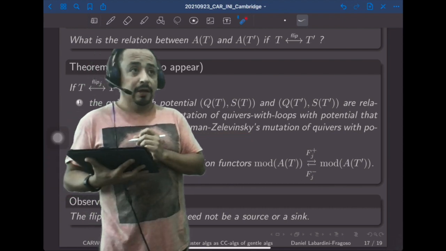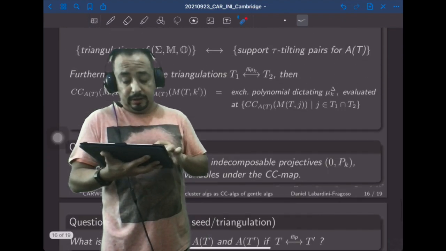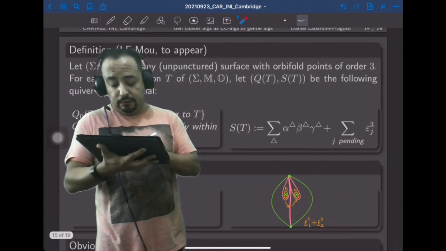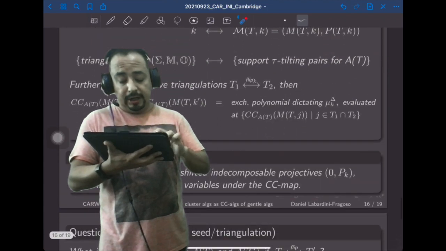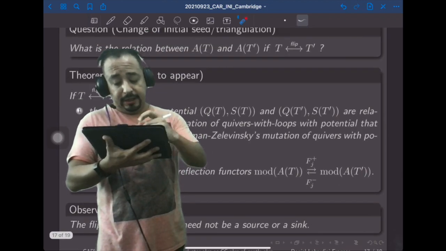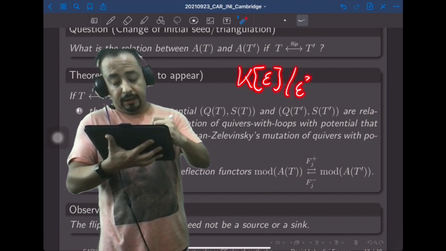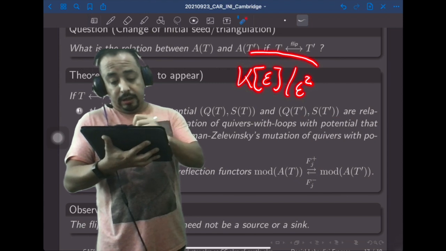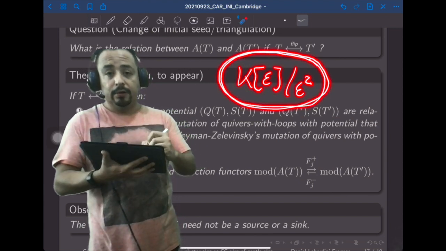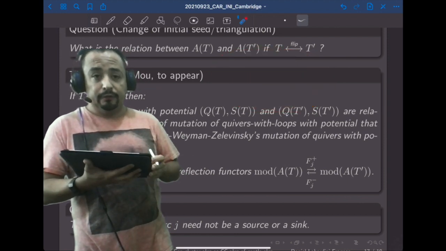This is because when you have these loops, you really have the algebra k[epsilon] divided by epsilon squared, and submodules and factor modules of free modules over this algebra are not necessarily free.